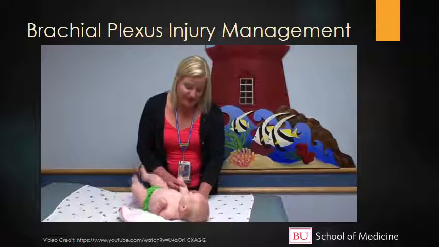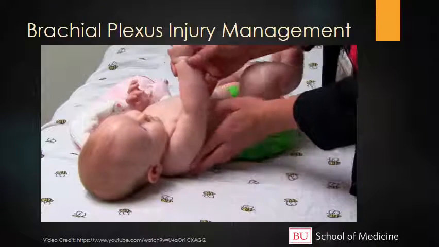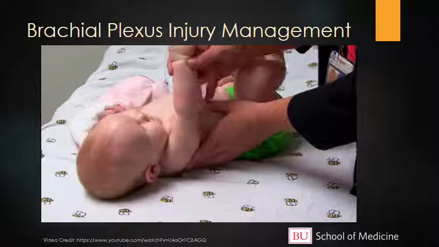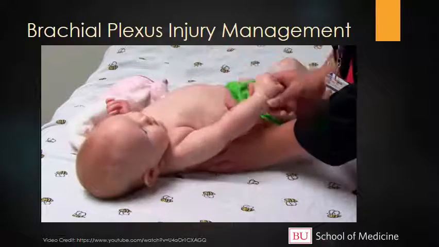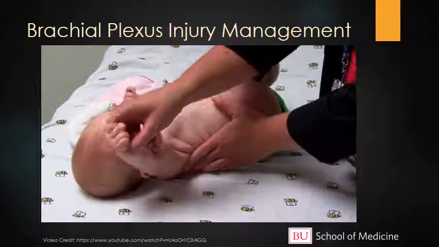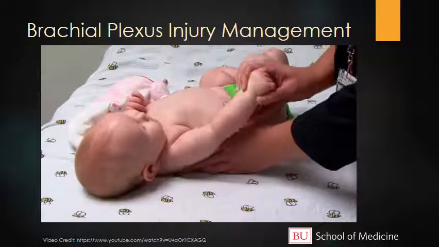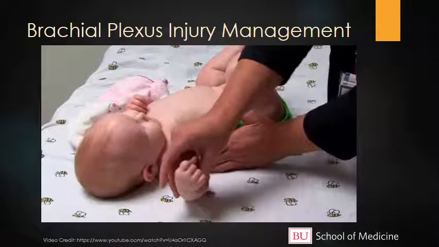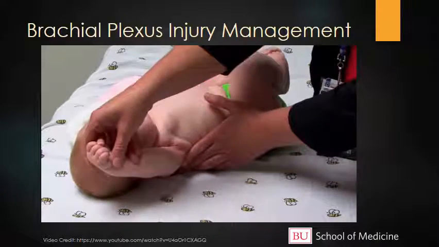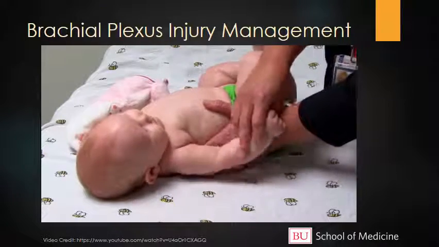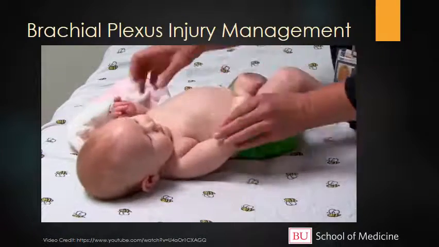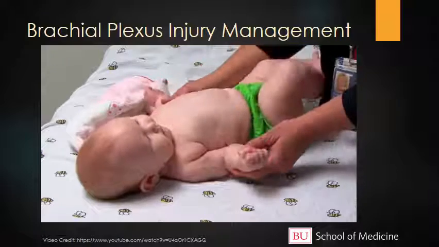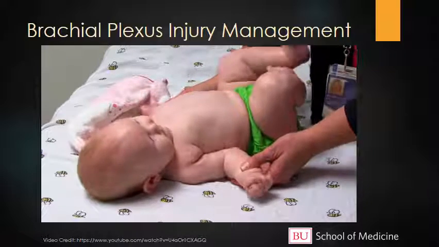Here, we see a video demonstrating the physical therapy stretches that may be used if improvement is not seen in the first few weeks. Here we see flexion and extension of the arm, followed by abduction and adduction at the shoulder. Next, internal and external rotation of the shoulder.